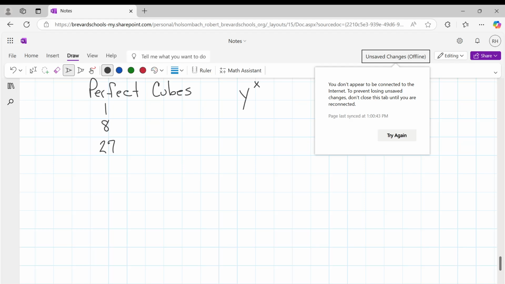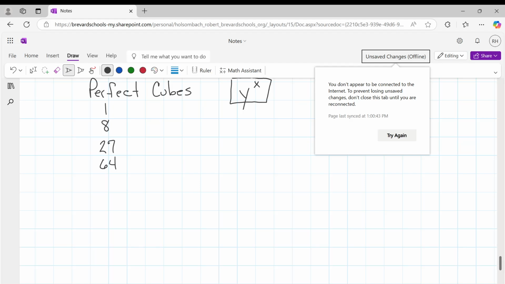So that's 2 raised to the third power. If you have a TI-30XA, it's underneath the off button. So if we do it again, 3 raised to the third, we get 27. 4 raised to the third, that's 64.